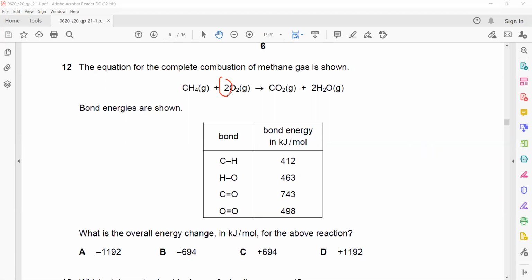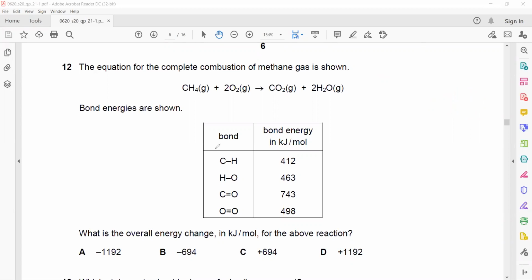It's not about how many molecules, it's about the number of bonds. For example, in the mock it was written I2 plus Cl2, or 2I2. I2 does not mean 2 bonds are there. I2 is a molecule, so you have to find the number of bonds. In I2, there is a single bond between the two iodine atoms. So I don't have to multiply this by 2. I have to check the bond.